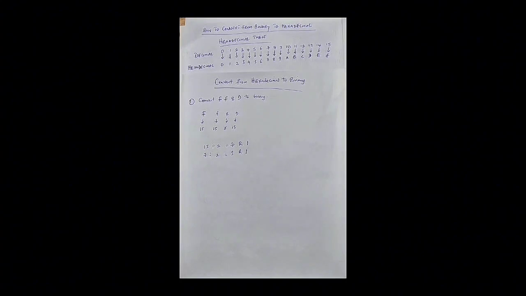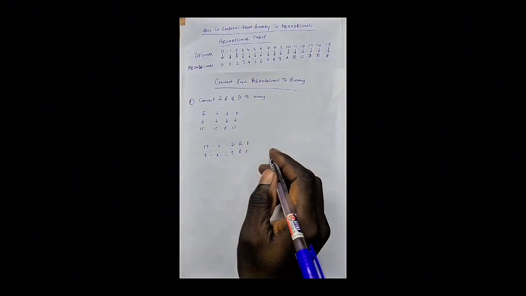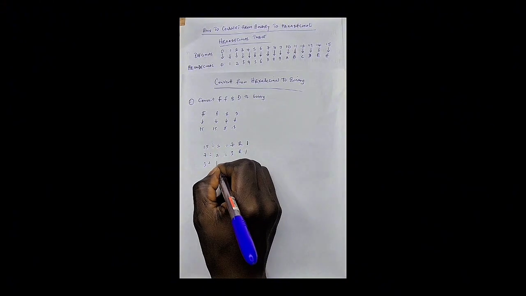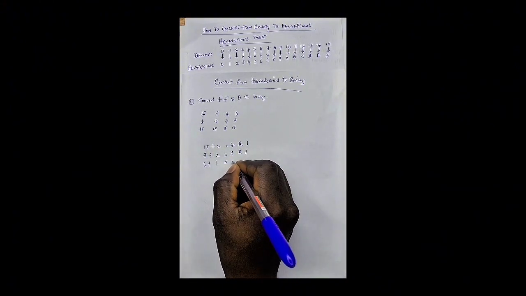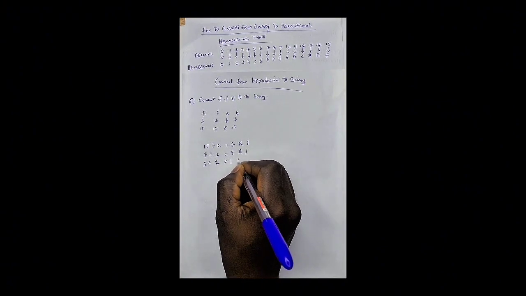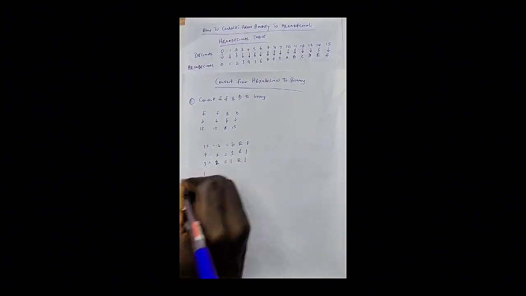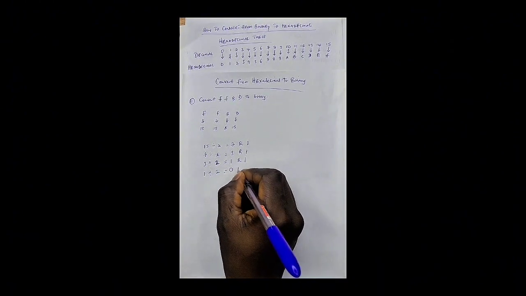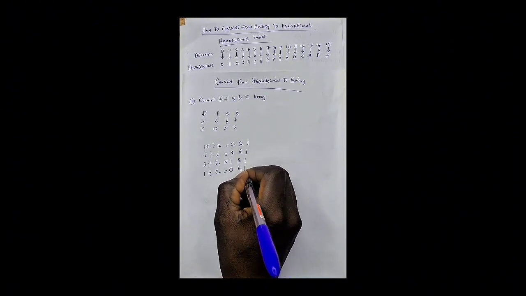As far as there is a remainder, you always put 1. Then 3 divided by 2 gives 1, remainder 1. 1 divided by 2 gives 0, remainder 1.